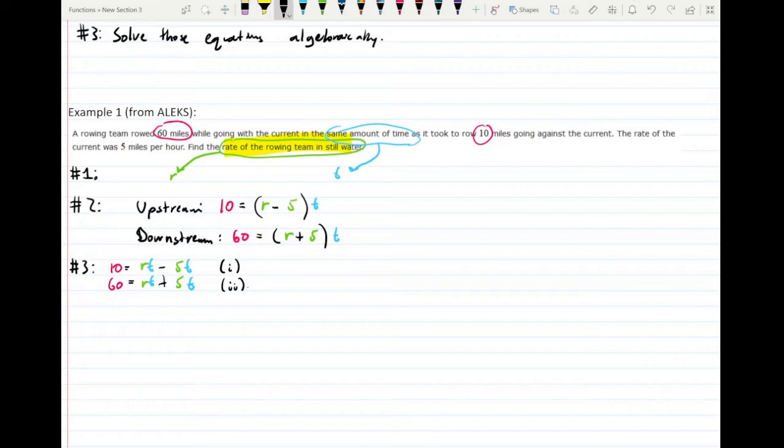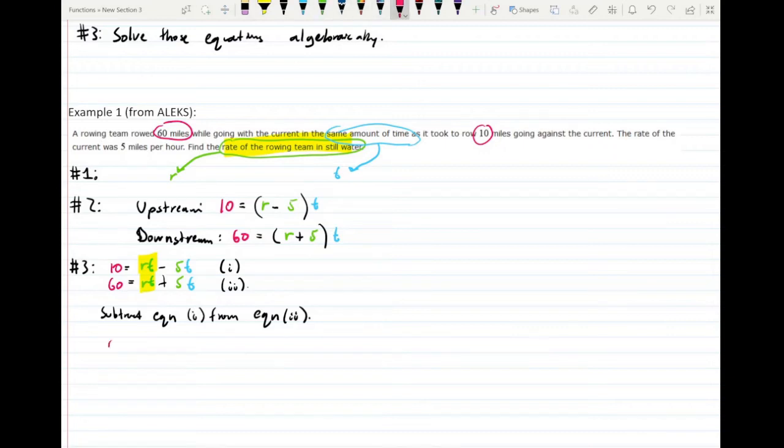Now what we're going to do is subtract equation 1 from equation 2 to eliminate this RT term we've got here.